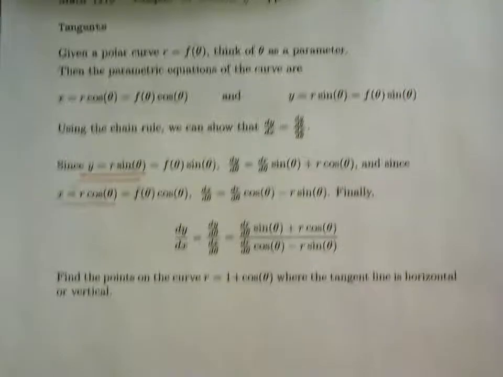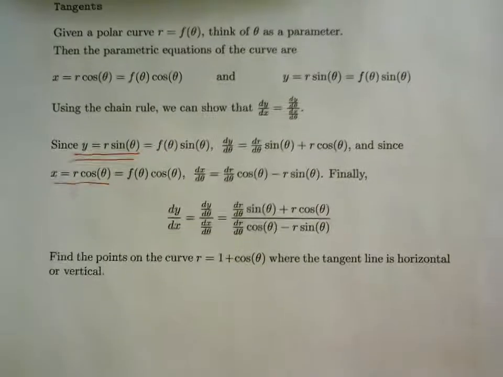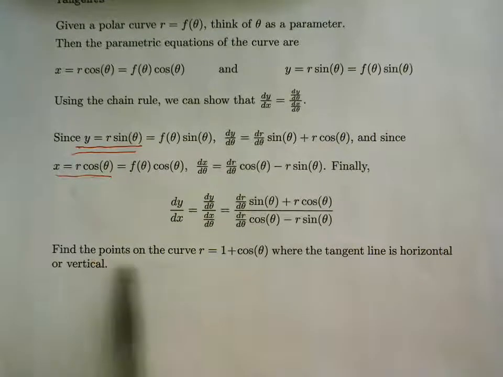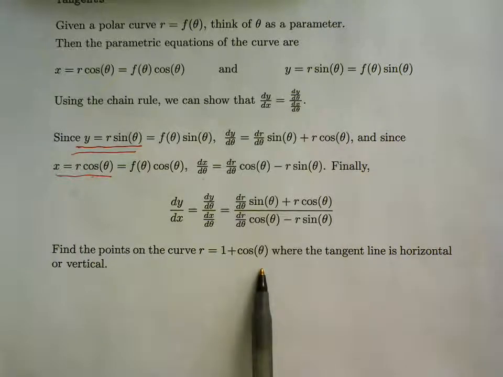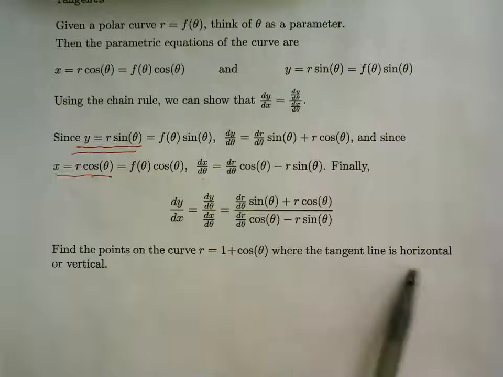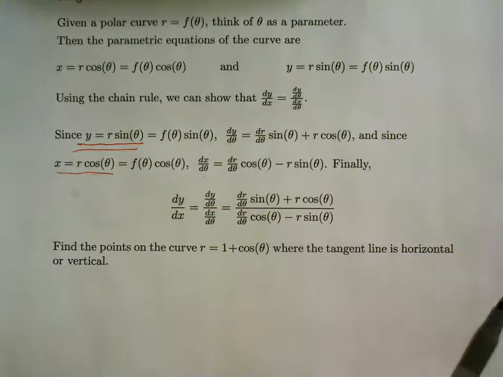Okay, in the next exercise, we'll look for the points on the curve r equals 1 plus cosine of theta, where the tangent line is horizontal or vertical.